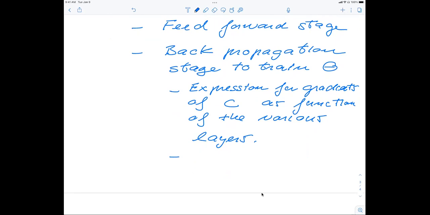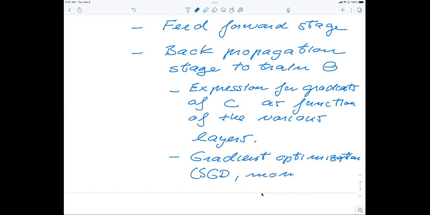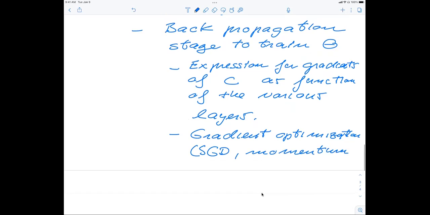That means you're implementing some gradient descent or stochastic gradient descent. And here we have the second stage, which is the gradient optimization. So we can do stochastic gradient descent, SGD. We can have momentum, all the elements which we discussed last week and partly yesterday: momentum, adaptive methods, etc.